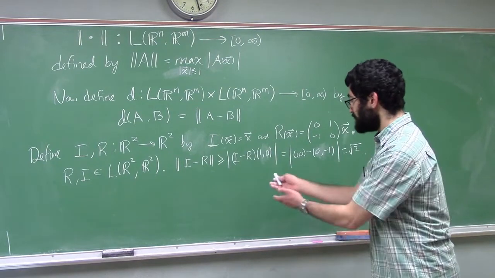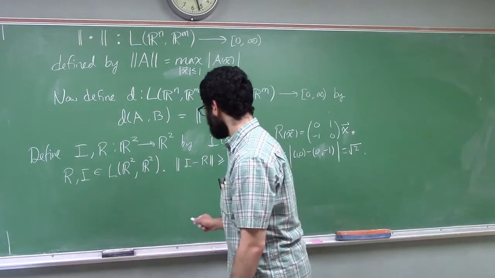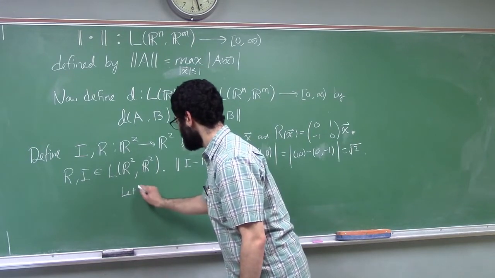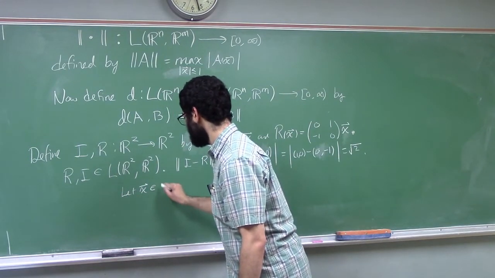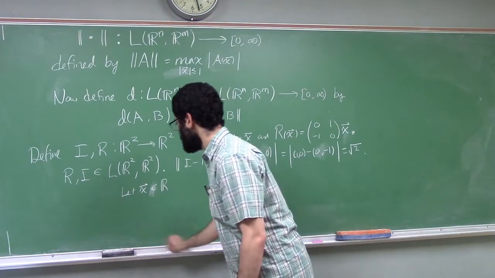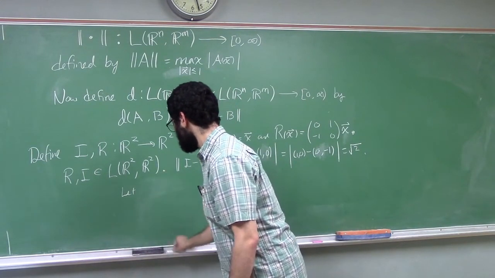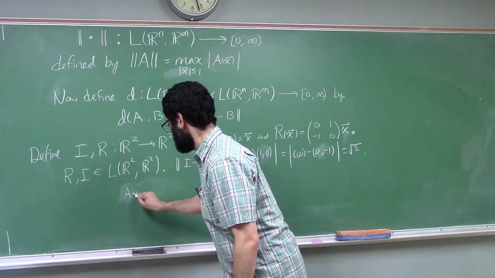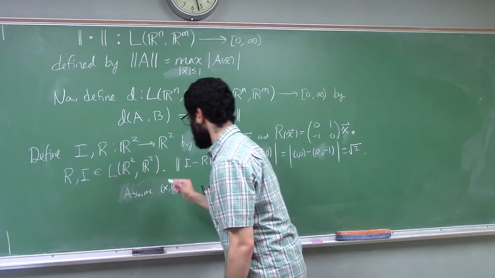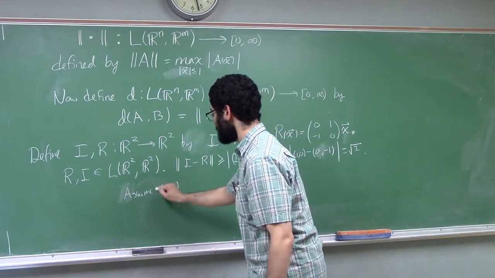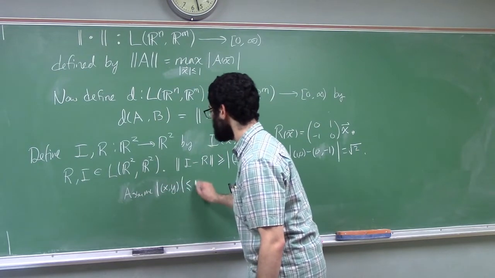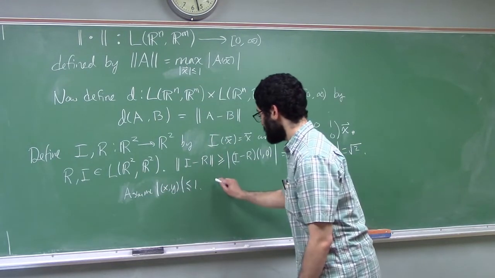Can I show that it's at most root 2? So let's see. Let x be in R2. Assume I have a random vector, let's call it (x, y), whose norm is less than or equal to 1, so it's in the unit ball.